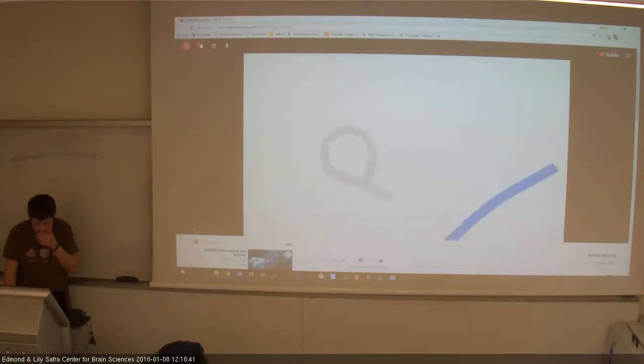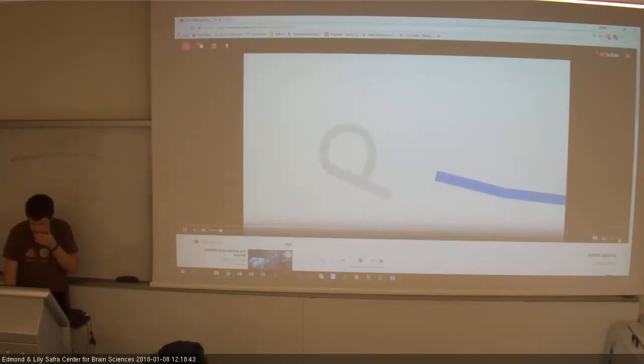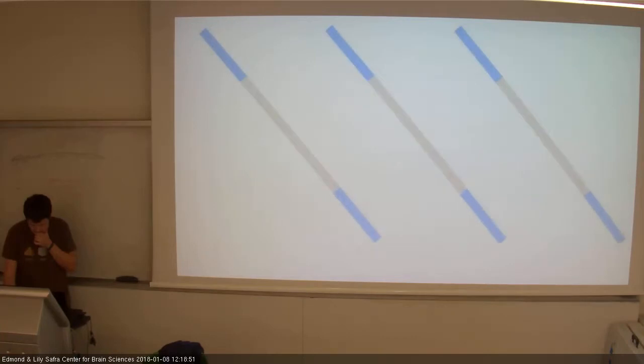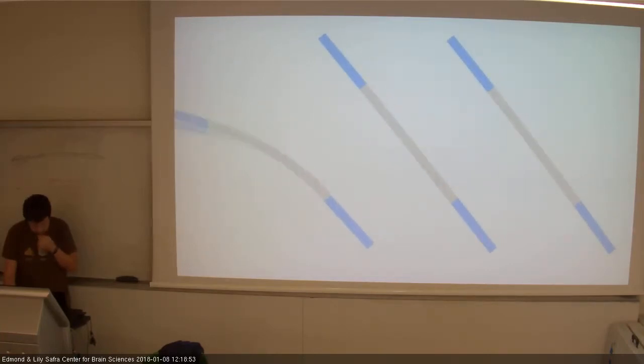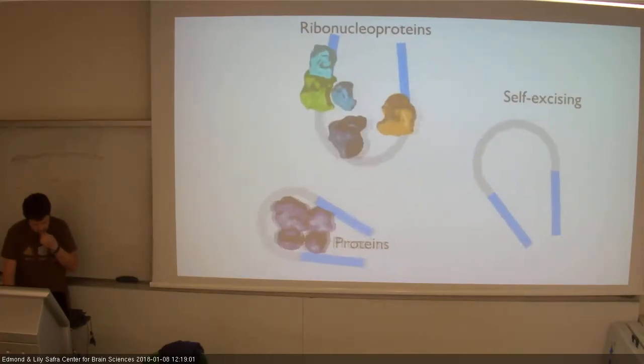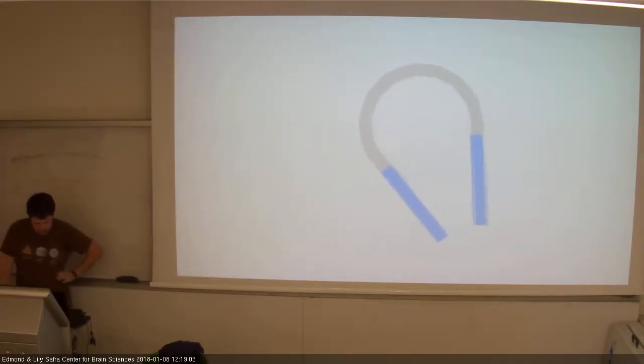Most introns do not themselves contain genes and are simply removed from the precursor RNAs and degraded. There are a number of different classes of intron. Some are excised from the primary transcript by proteins, some by ribonucleoproteins, and some excise themselves. Yet all use a series of transesterification reactions to accomplish the task.